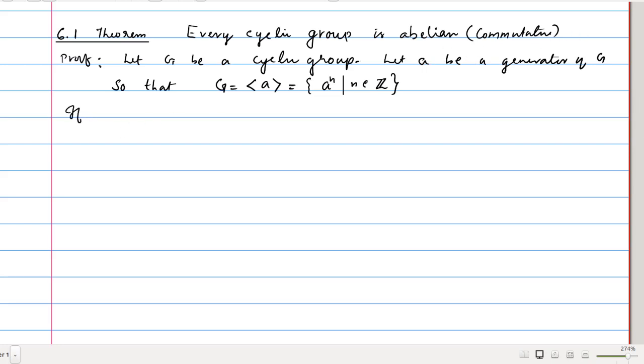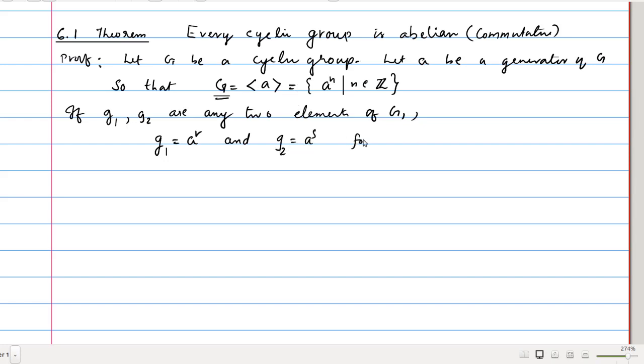Instead of taking A and B, we start with two general elements G1, G2, any two arbitrary elements of G. Since G1 is an element of G, it takes the form A raised to some R. So G1 is equal to A raised to R, and G2, again an element of G, can be written as A raised to S, for some R and S belonging to Z.